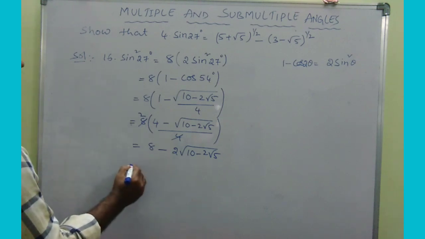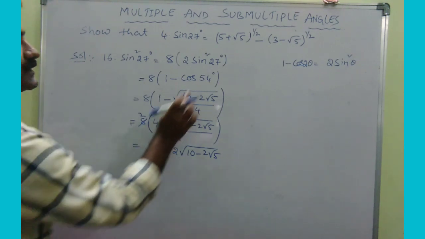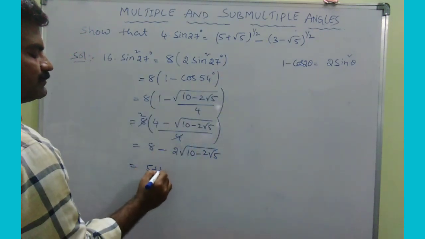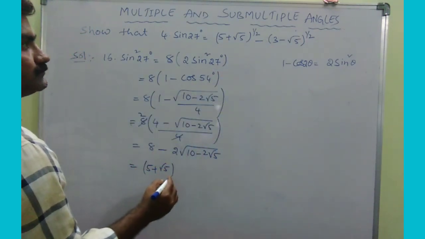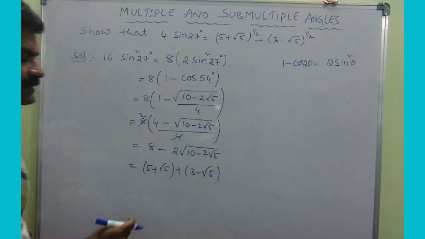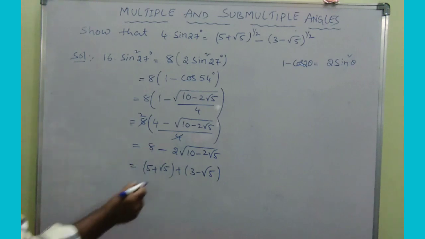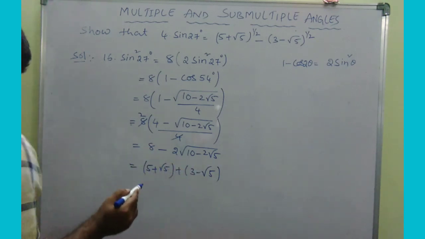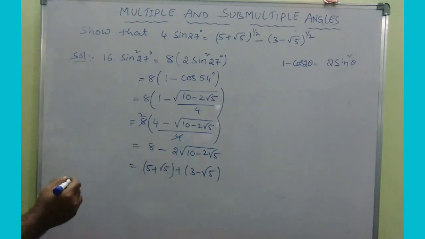And look at the magic here. Since I need to get these two terms, if I write it like this, 5 plus root 5 plus 3 minus root 5. See, is it equals to 8? No? Plus root 5 minus root 5 cancel, and 5 plus 3 is equals to 8.